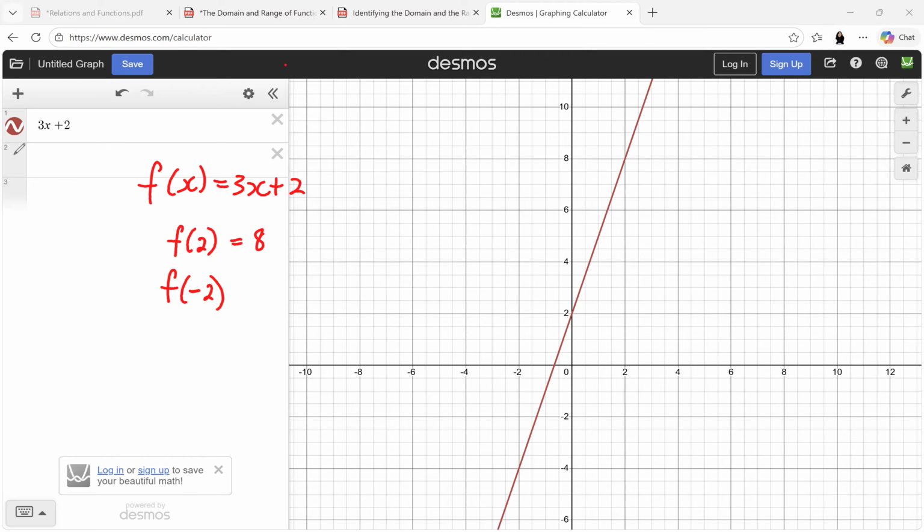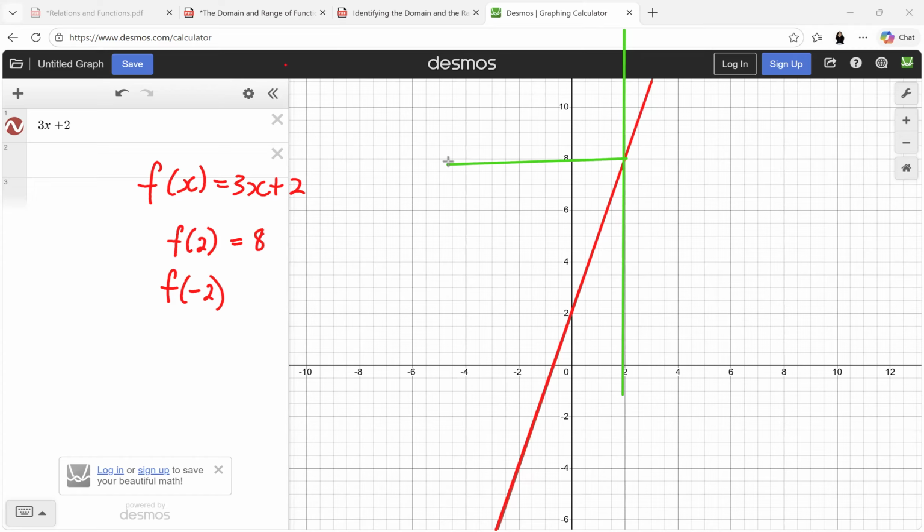Read off the point for me, the point on this graph where x is equal to 2. So yes, you're saying it correctly in terms of where you would find it. What is the point where it touches the graph where x is equal to 2? Because a point has two coordinates, right?